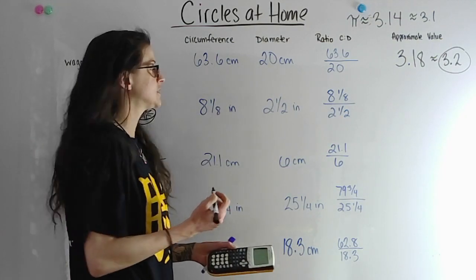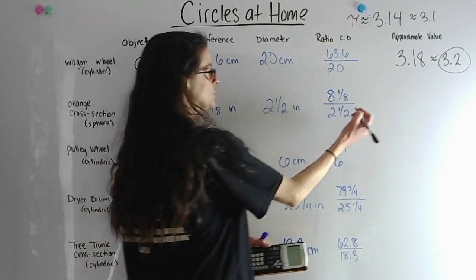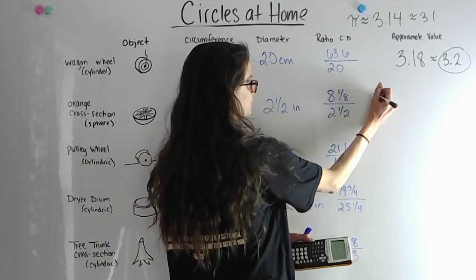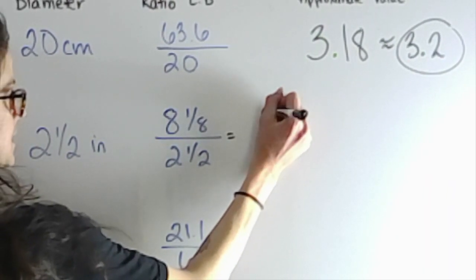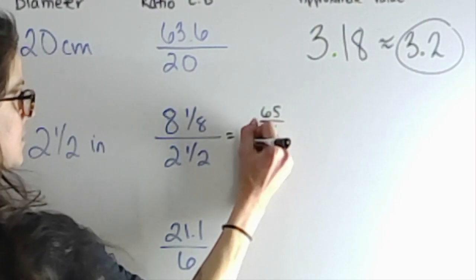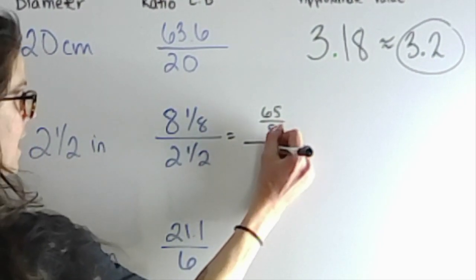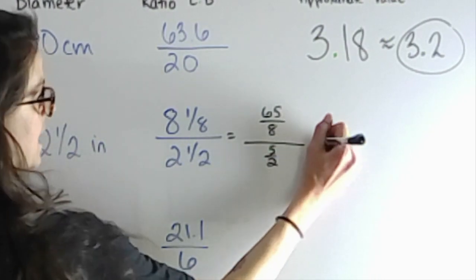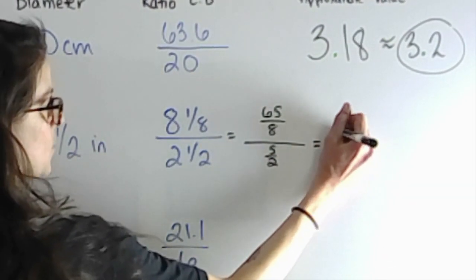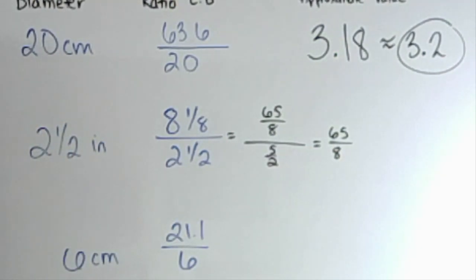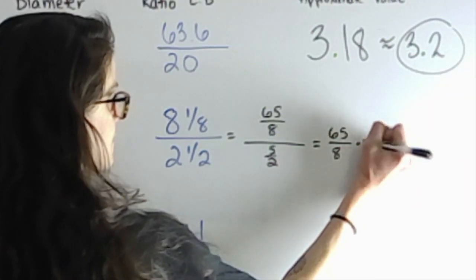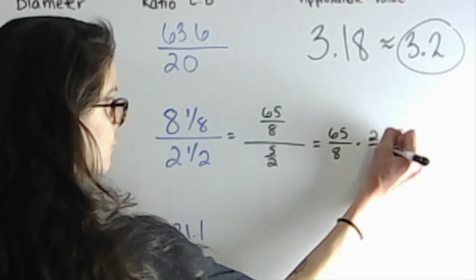8 and an 8 divided by 2.5. So quickly, I can do 8 and an 8 is the same as 65/8 divided by 5/2. And with that, I can change this to a multiplication expression because a division expression is the same as a multiplication expression except the divisor needs to be reciprocated. So 65/8 times 2/5.